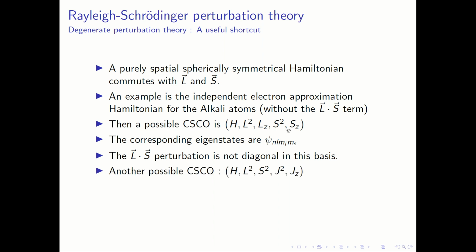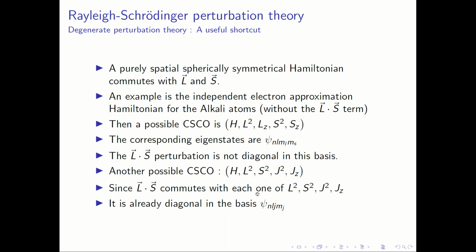But the other possible CSCO is made out of the Hamiltonian, L square, S square, J square and Jz, where J is of course L vector plus S vector, the total angular momentum vector, and we had already seen earlier that this forms a complete set of commuting observables. And L dot S commutes with each one of L square, S square, J square, Jz, not with the Hamiltonian H, but that's not what we need.